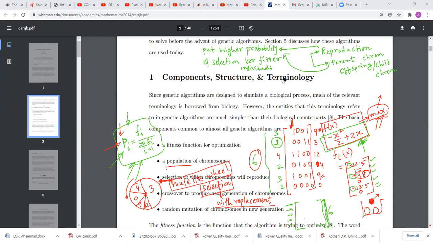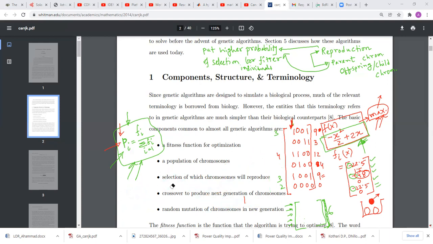So next, selection is done. Probability calculation is done. What is next? We have the crossover. Now we have chosen the mating pool, and let's say the mating pool is something like this. Who has the next highest probability?